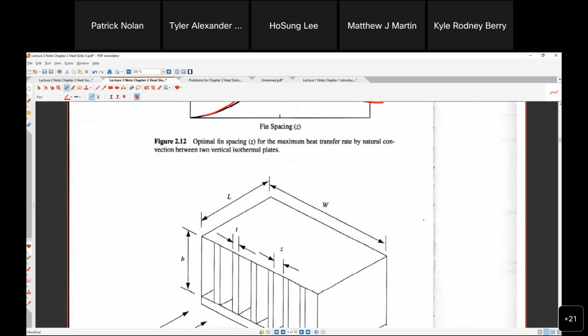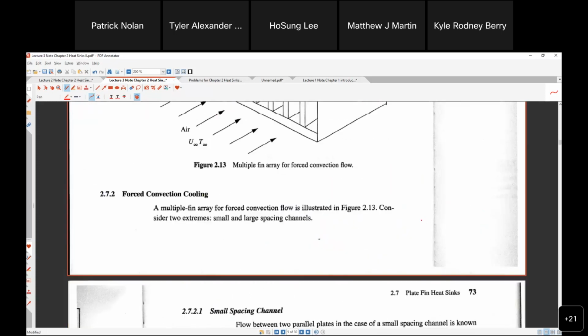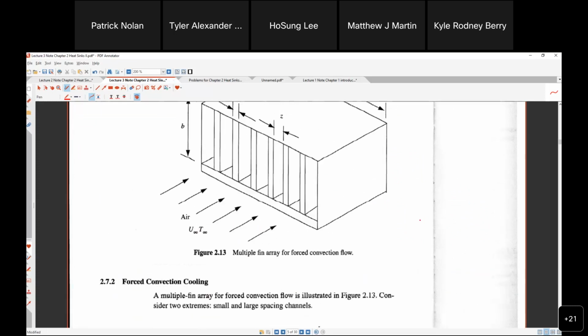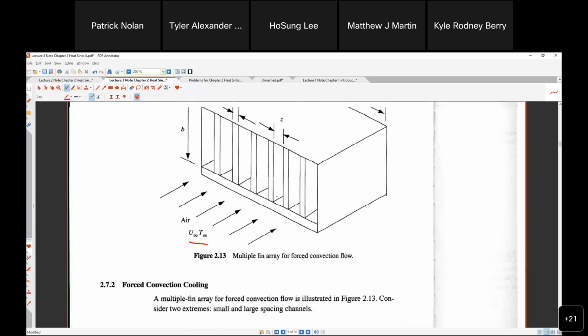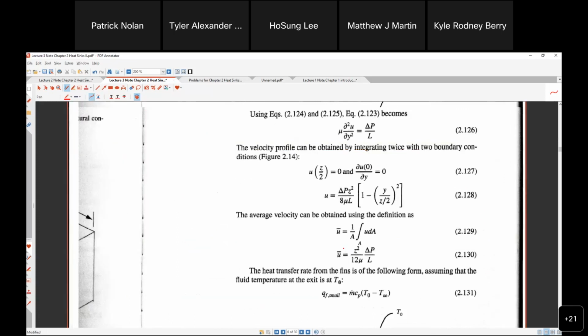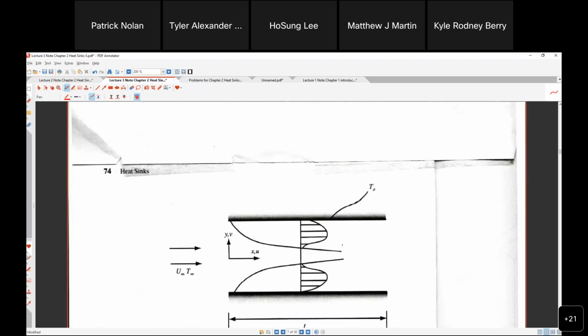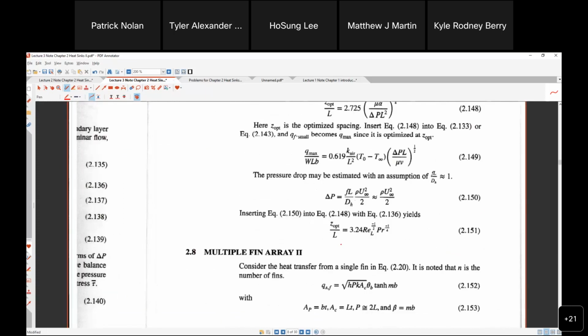And now forced convection, not free, like that, the forced convection. I'm not going to go into detail, but similar discussion, look at that, narrow channel, large channel.